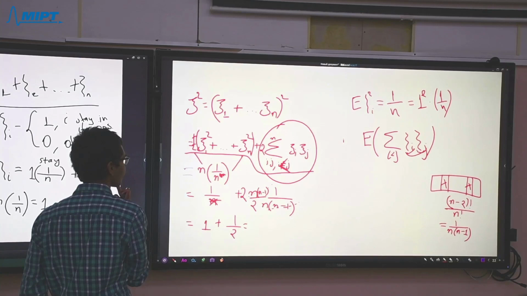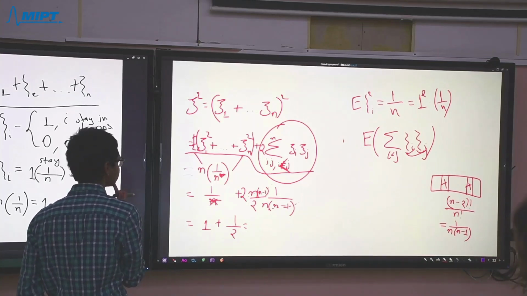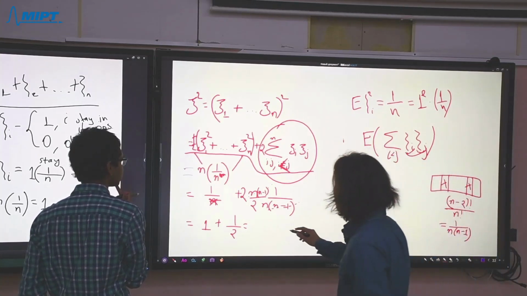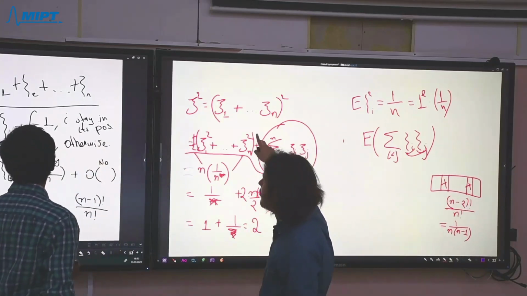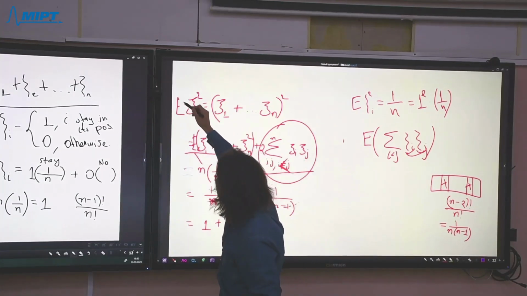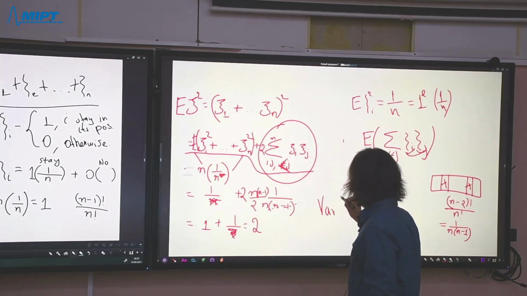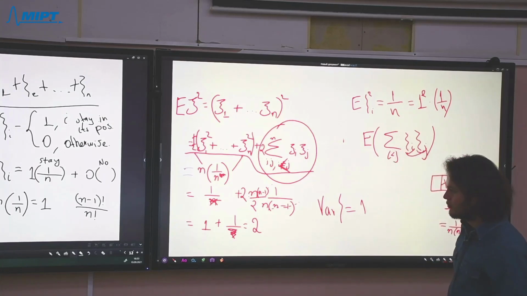Let me check. Somewhere here I have it. Well, because we have that this is 2, right? Yes, it's okay. This is 2, and well, 2 minus 1, right? Because this is just the expected value of psi squared. So the variance is going to be 2 minus 1, which is 1.